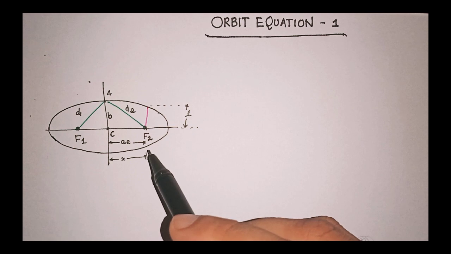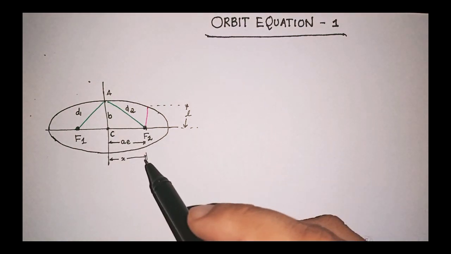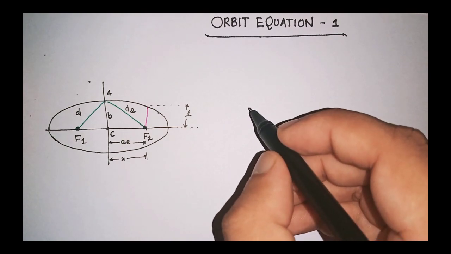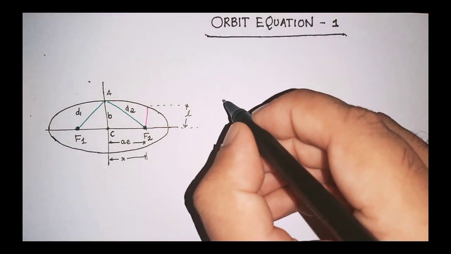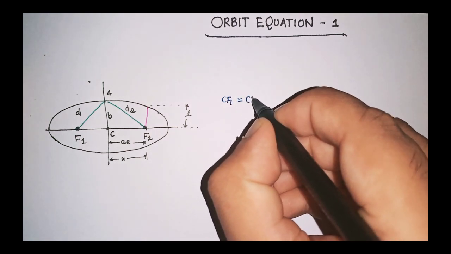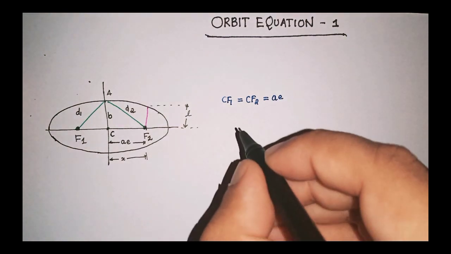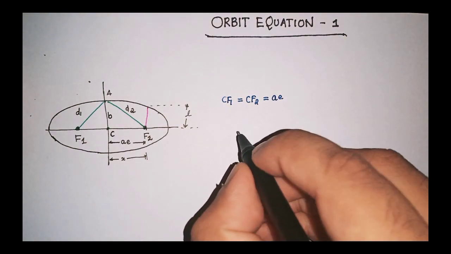Now, if you see here, we have CF1 and CF2, which are equal to AE. So if you write the two dimensions, CF1 equals CF2, which is equal to A into E. Now all the dimensions we can write here.